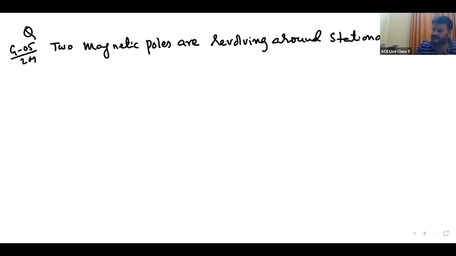Stationary armature carrying 2 coils, as shown in figure.